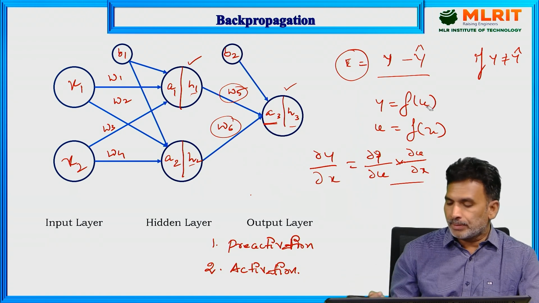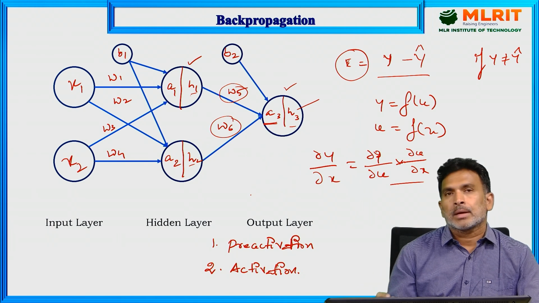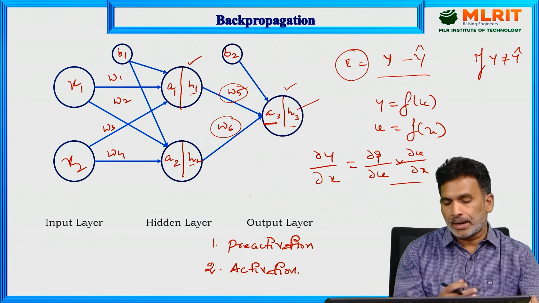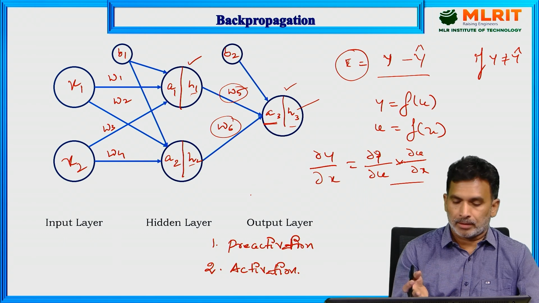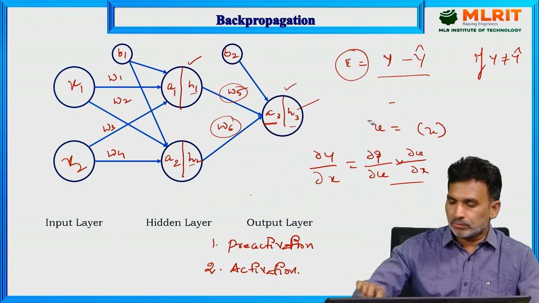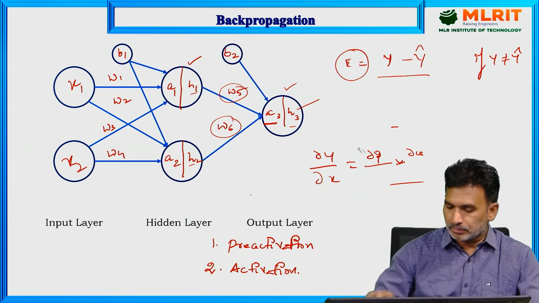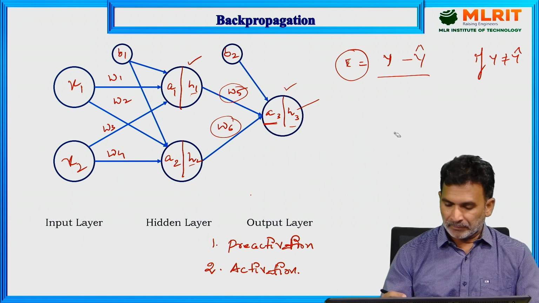So that means if you want to change the output, we have to understand which parameters are influenced or connected. Let us take a quick, simple example to understand this.